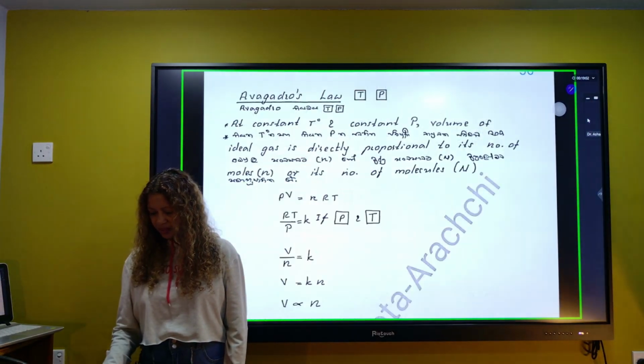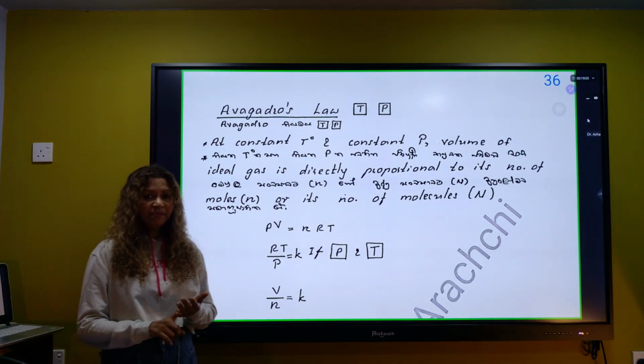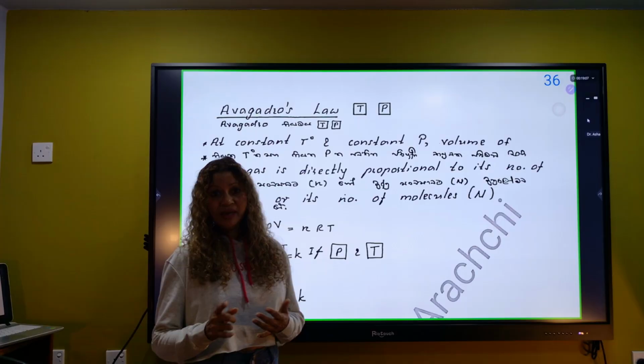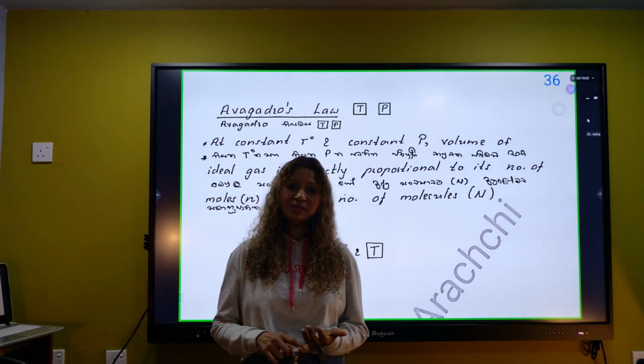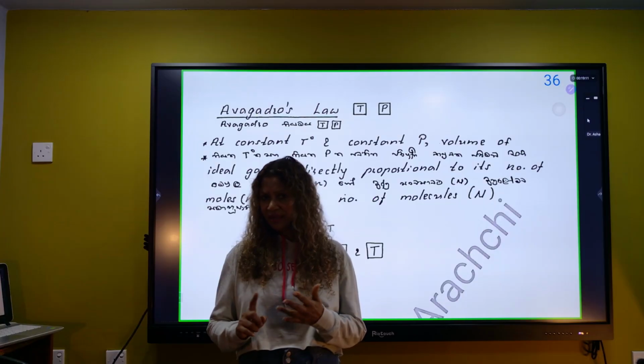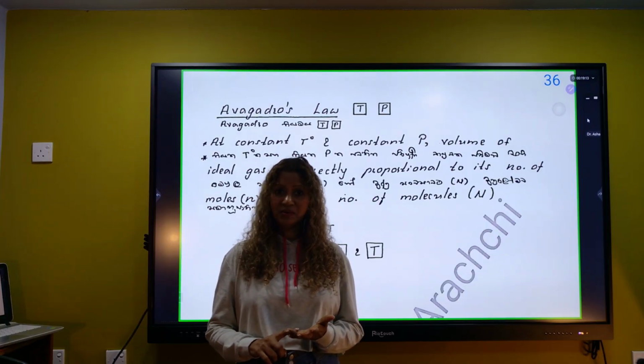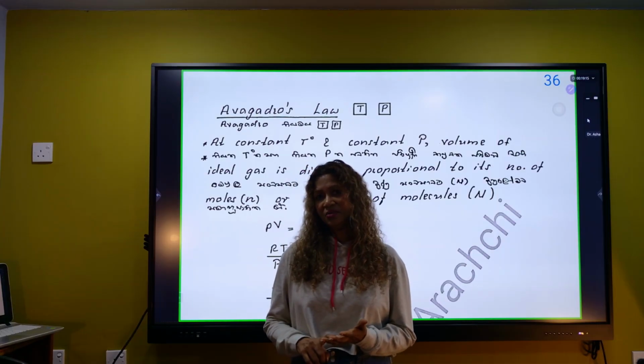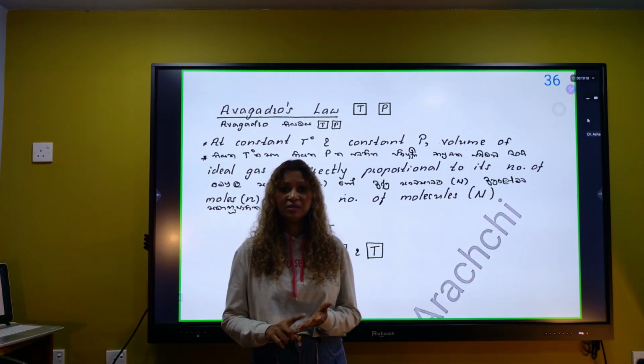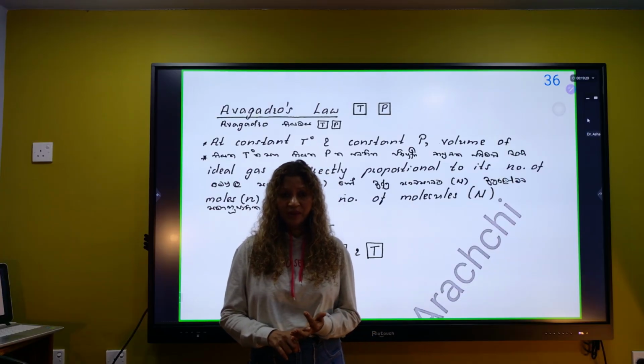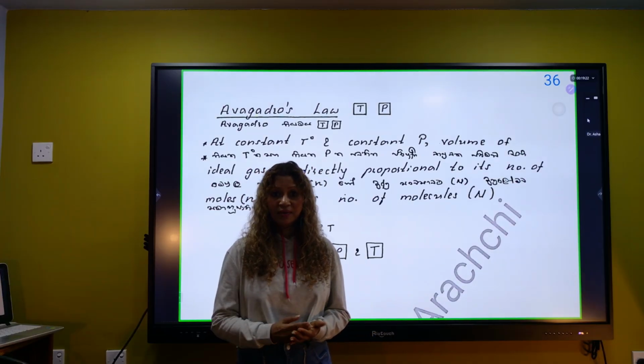Then we moved to Avogadro's law. Remember, in Boyle's law, temperature is constant. In Charles' law, the other one, the pressure is constant. Then the combined gas law: pressure, volume and temperature are all varied. Then we are moving to Avogadro's law.